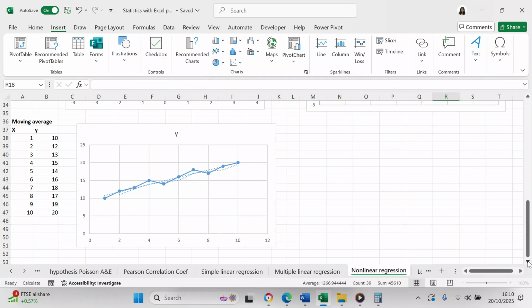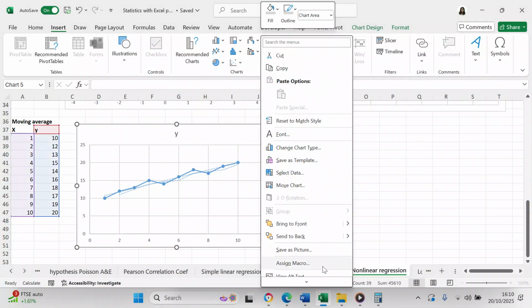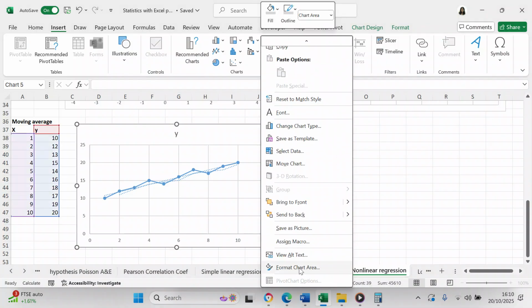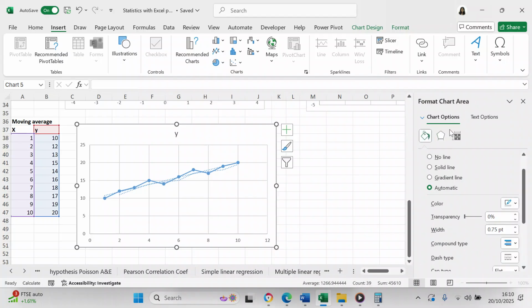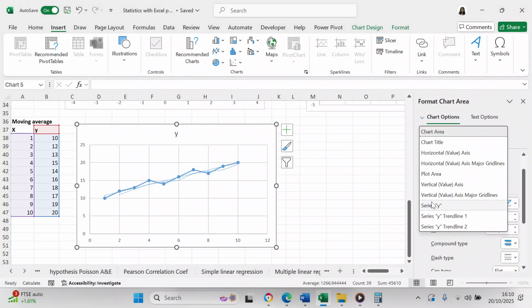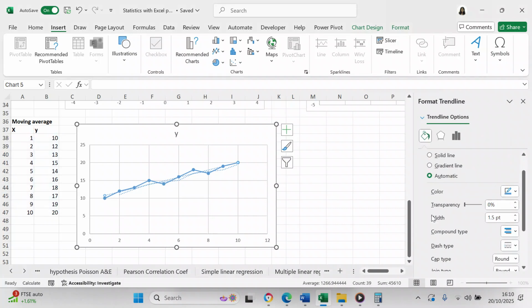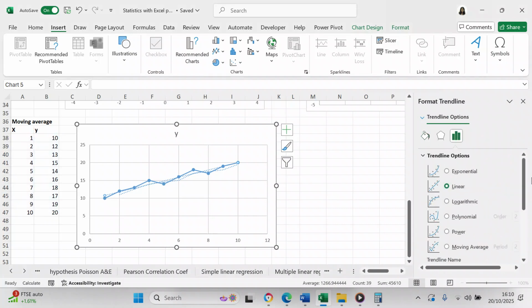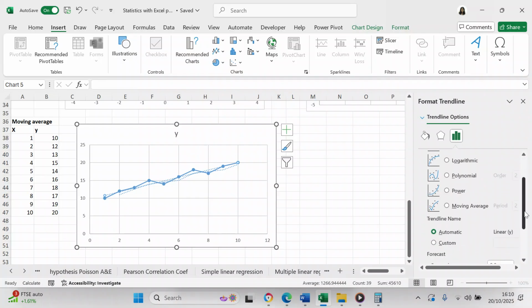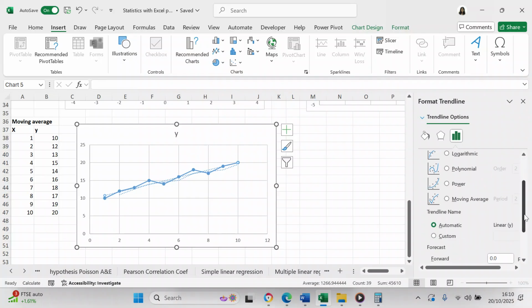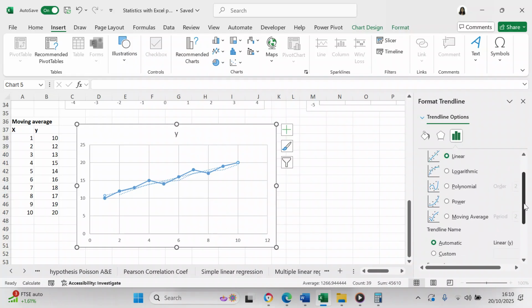We'll come over here, format the chart area, and do trend line 1. We'll go to the actual chart, and we've got moving average. We've got it hooked up for moving average.